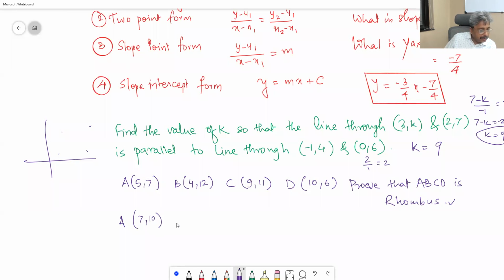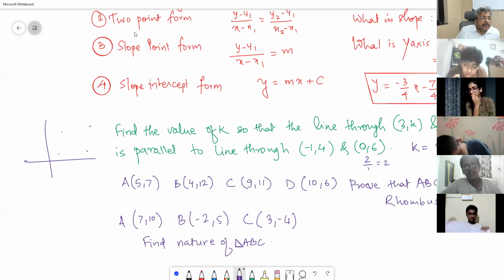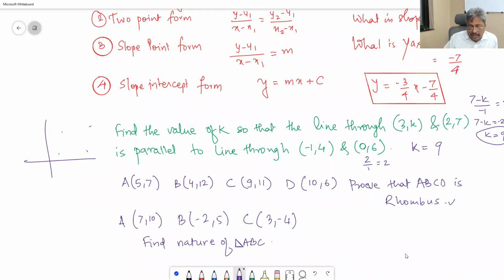Now A is (7, 10), B is (minus 2, 5), and C is (3, minus 4). What kind of triangle is ABC? Okay, it seems it is an isosceles right angle triangle. What is the angle which is the right angle?